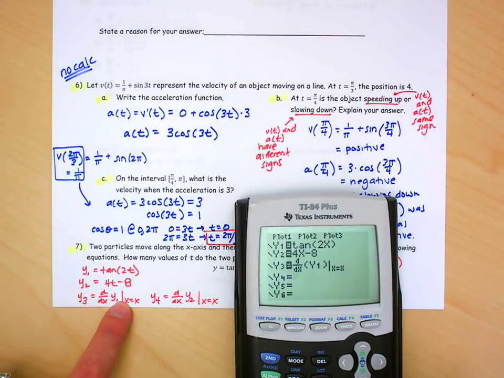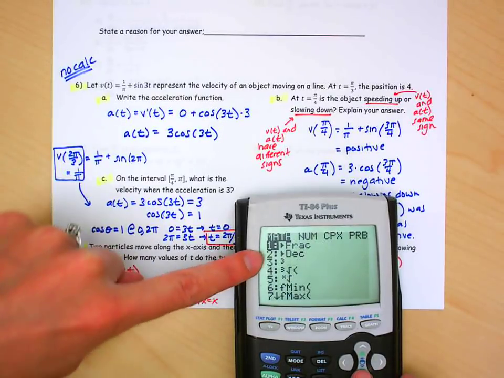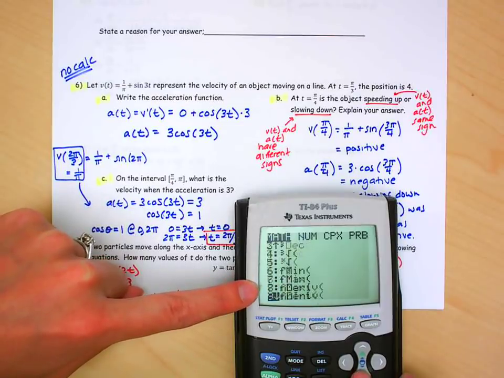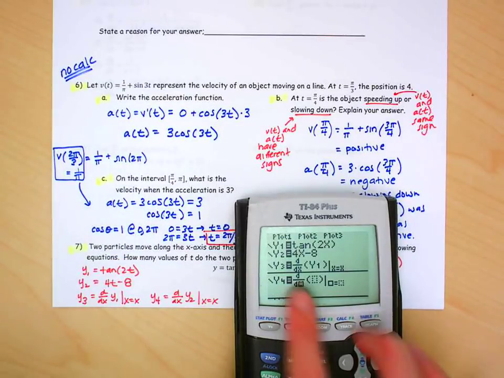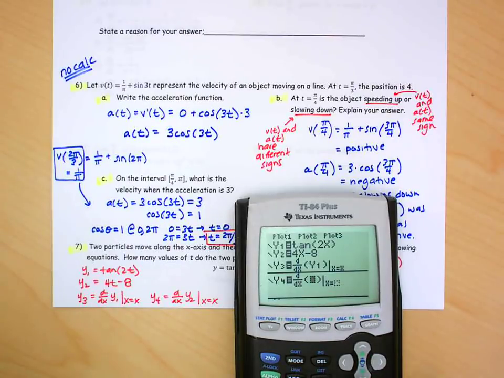Now I need to do the derivative, so math, if you don't remember that it's 8, just scroll down till you see nDeriv, that's derivative. Should be an x. Now I want y2, and that should be an x.